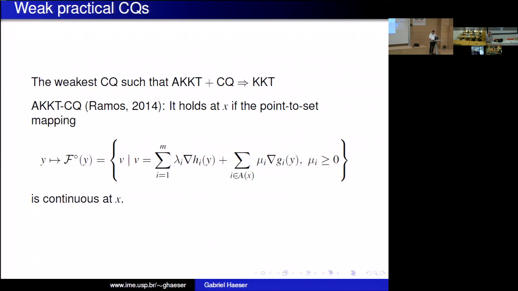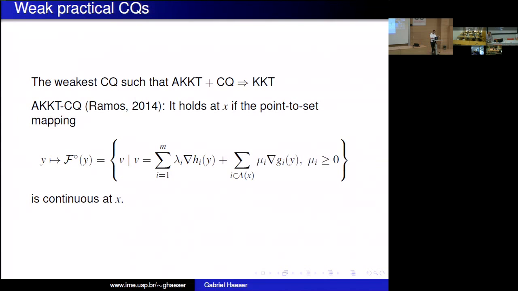So just to end this part, there is this work of Alberto Ramos. He's a PhD student, and his supervisor is Paulo Silva from Campinas, who is a collaborator of mine in these papers.